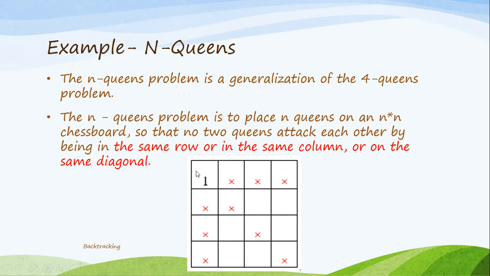In this chessboard, I have kept the first queen in the first column and first row. So we cannot put any other queens in the first row, in the first column, and on the same diagonal.